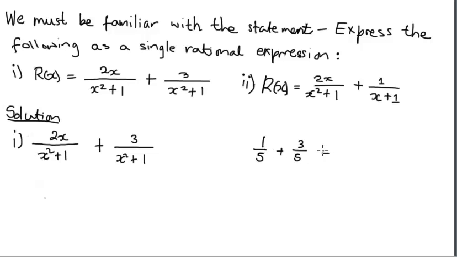The task reduces to adding the numerators and retaining the denominator, which will end up being 4 over 5.